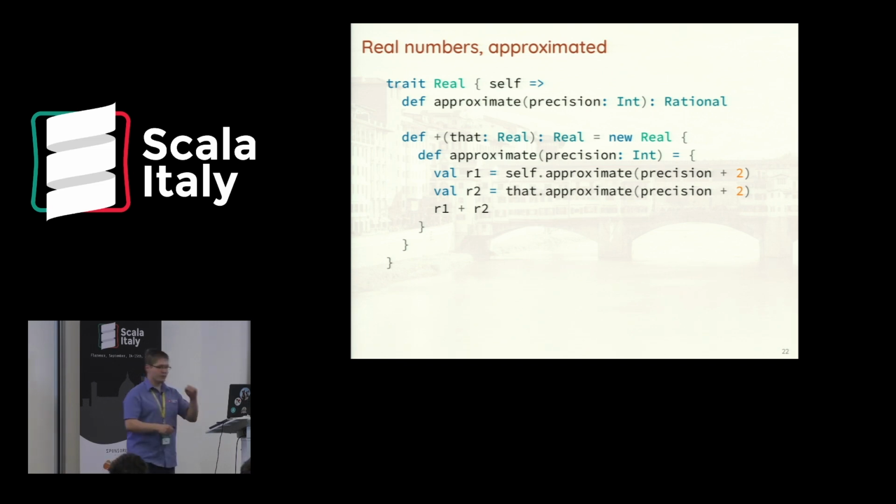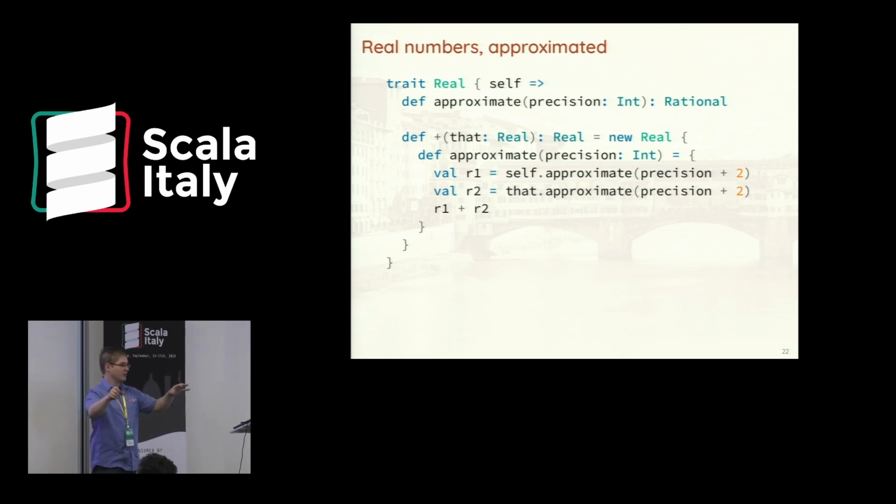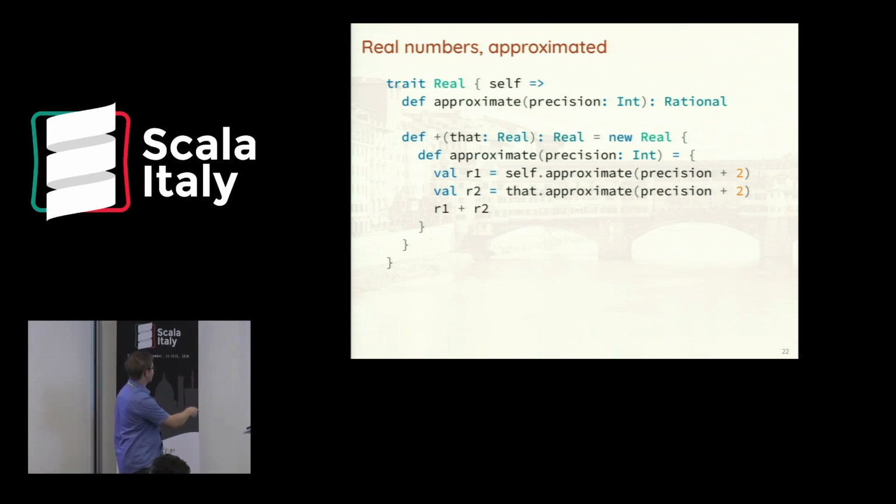So we just approximate the first number, and then we approximate the second number, and then we have rationals, so fractions, and then we can just add those fractions together. And the reason why there's a +2 here is because we have to account for rounding issues, so we have to increase the precision as we go deeper into the computation. So this is a little bit abstract, so don't be afraid. I will have a demo on this as well.